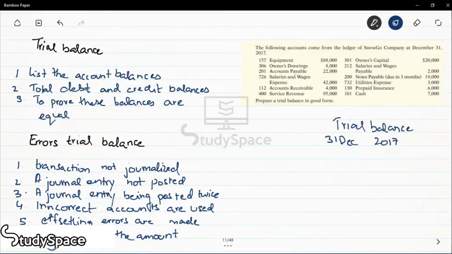If we've been provided a company name, such as we have been here, we will use that before our title, Snogo Company, and we will make two columns for debit and credit.